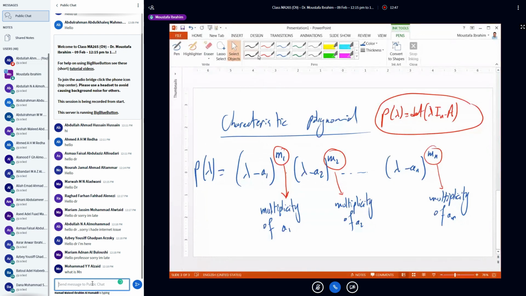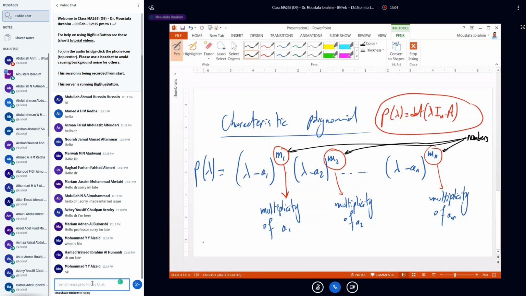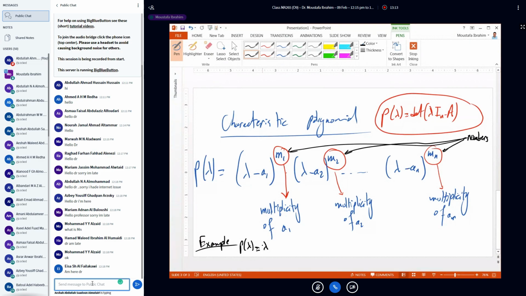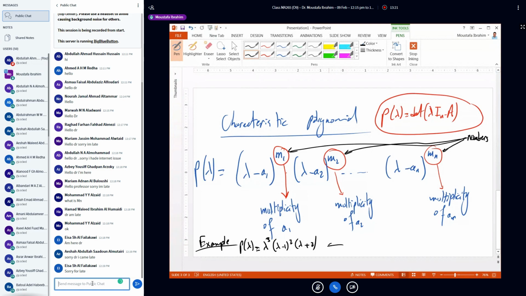Let's say, for example, p(lambda) equals lambda cubed times (lambda minus 1) squared times (lambda plus 2). How many eigenvalues do we have?